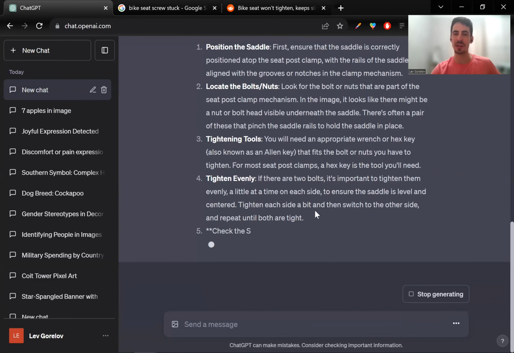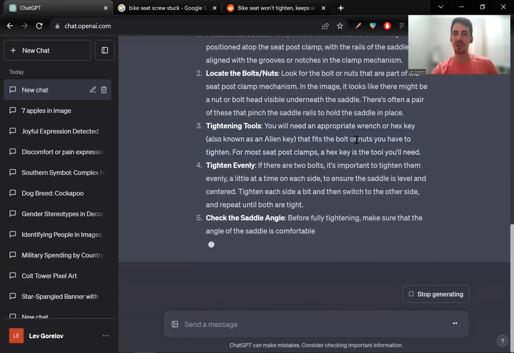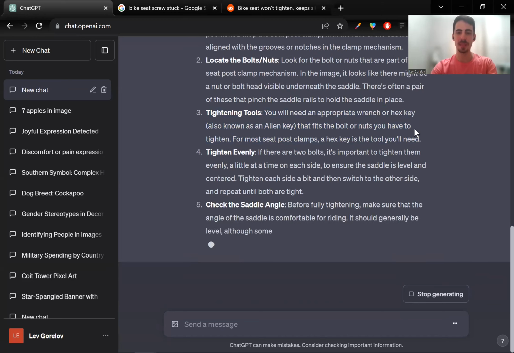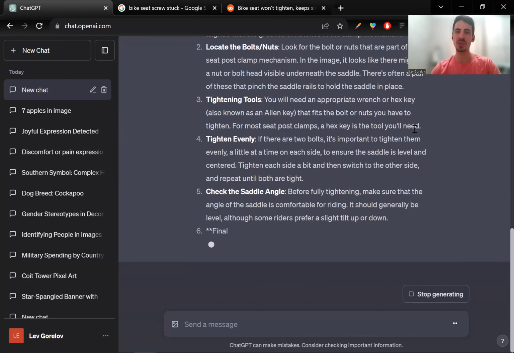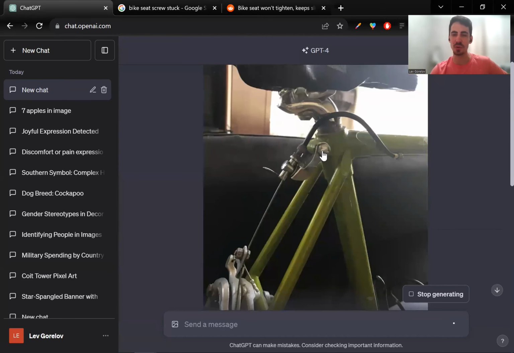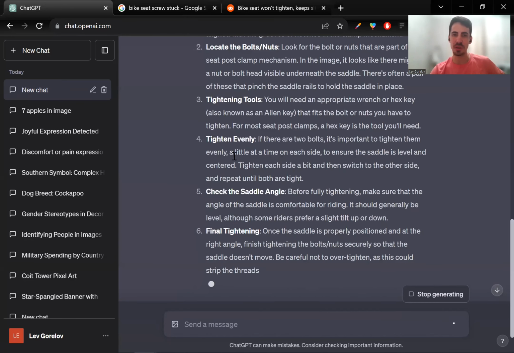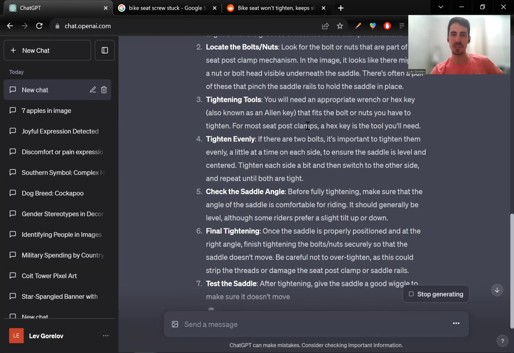No, it says an Allen key. For an Allen key, you need a bolt that has a hole in it, and this one does not have a hole in it. There's nowhere you can put an Allen key into. You need an actual wrench. So, incorrect advice there. A hex key is the tool you need for most seat post clamps.